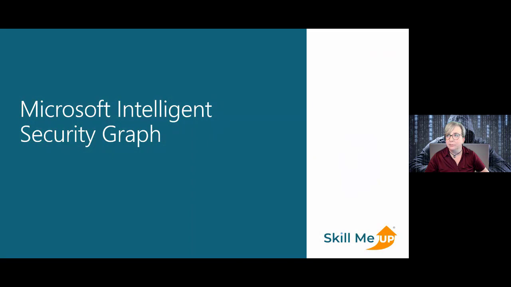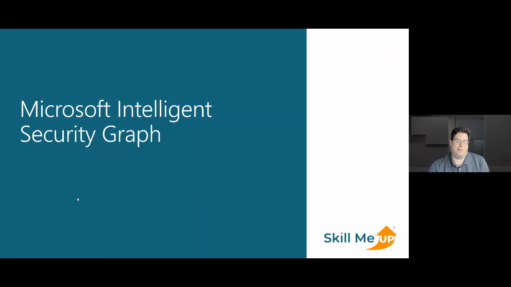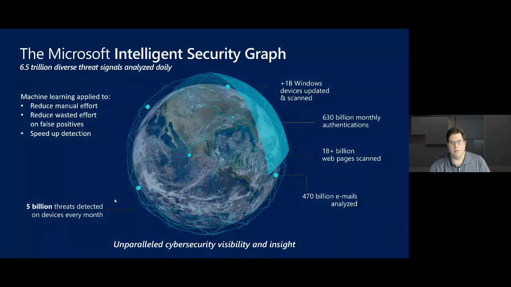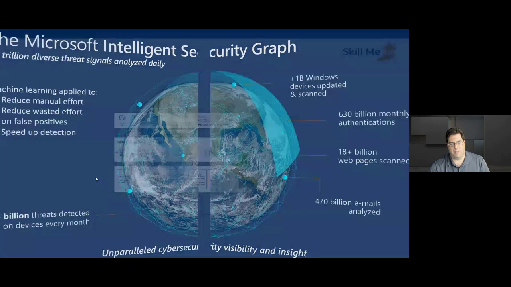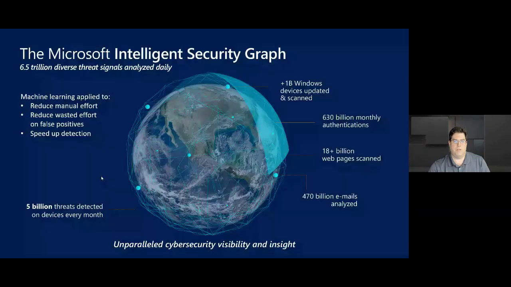So let's talk about the Microsoft Intelligent Security Graph. I alluded to it a few slides ago, but let's talk about what it really is and what it really does. Microsoft is obviously a global IT company.